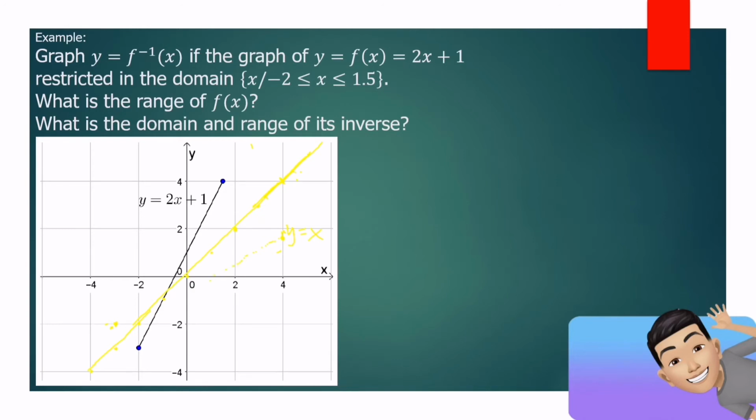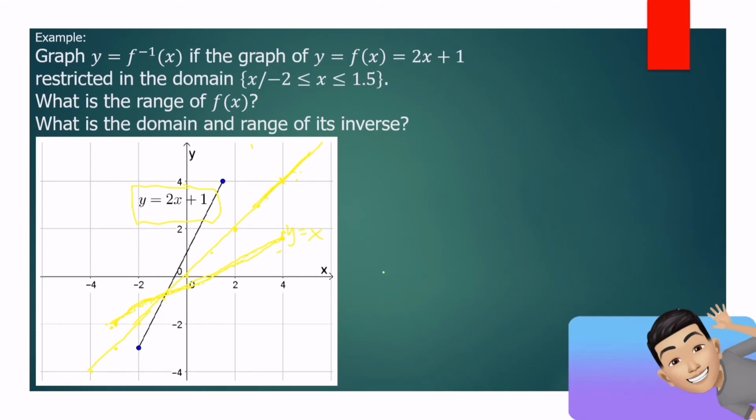Yan. So magkakaroon sila ng intersection dito. Sorry pero straight line dapat yan. Yan. So, kung mapapansin nyo, yung line na ito ay reflection lang nito ni given na y equal to 2x plus 1, which is the f of x.